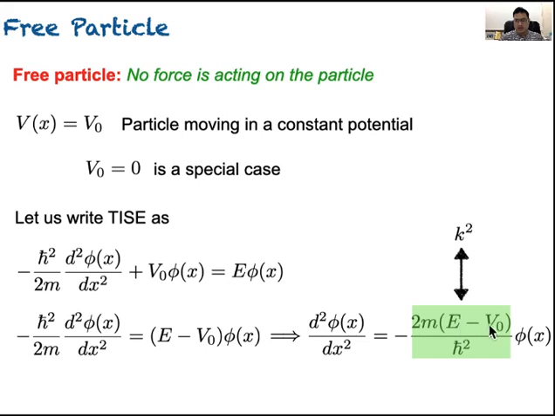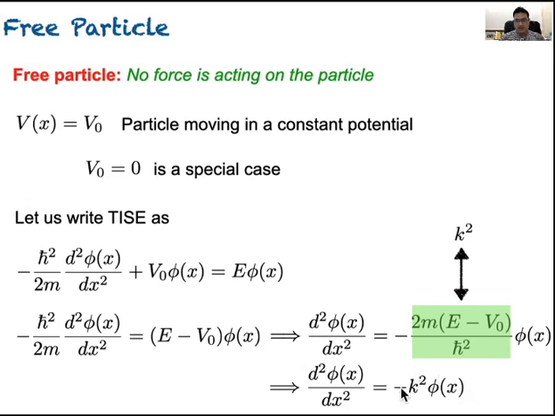I will call it k square. So 2m(E minus V naught) divided by h cross square is replaced by k square. Now my time independent Schrodinger equation is written in this compact form: d2φ(x)/dx2 is equal to minus k square φ(x).